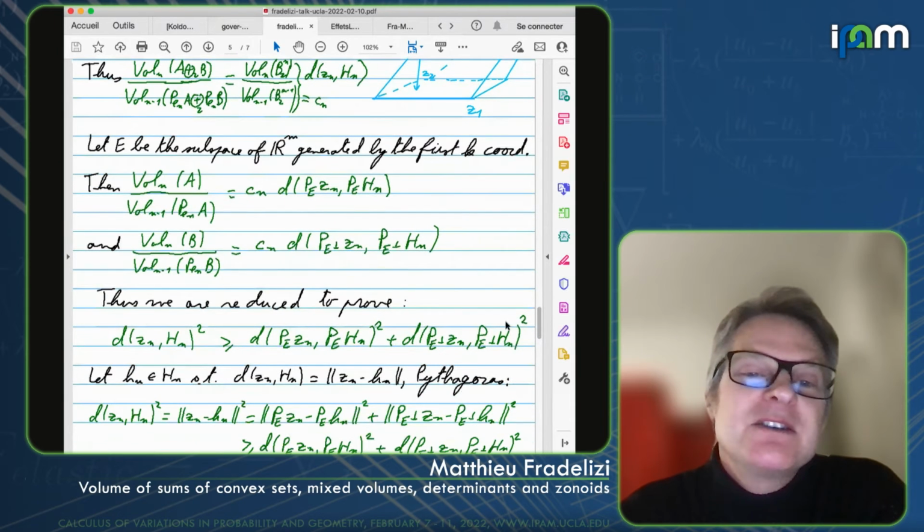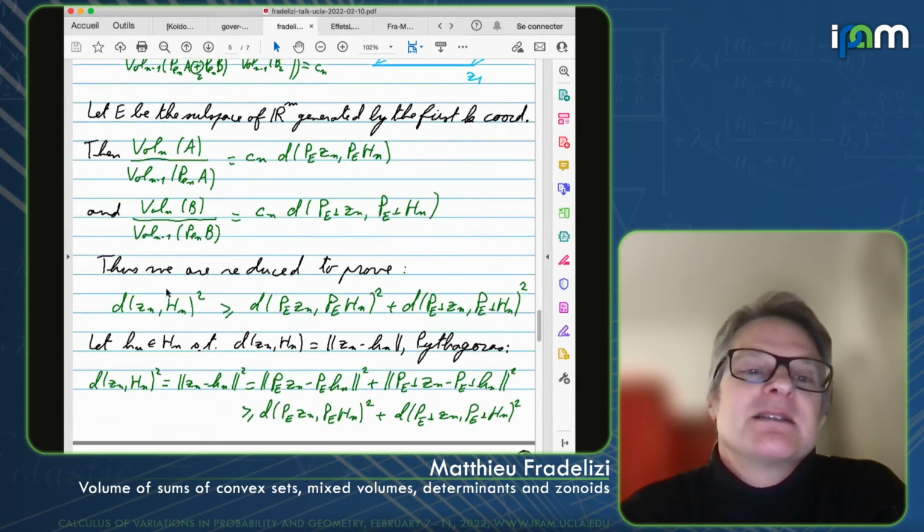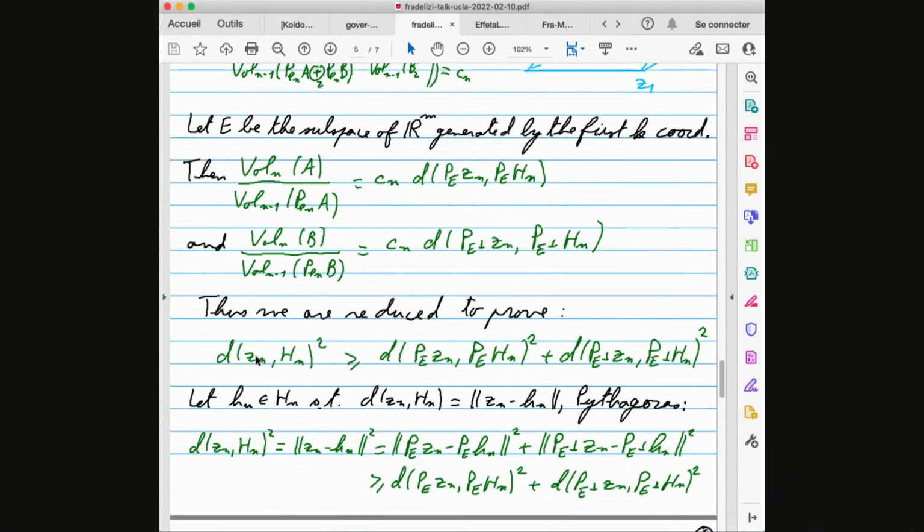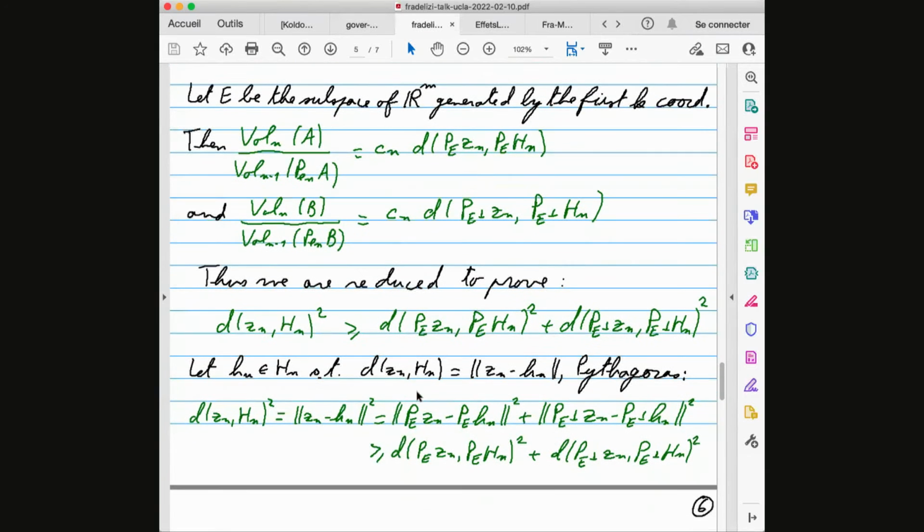And so we just need to prove that the distance from zn to Hn, squared, is larger than the distance from its projection to the projection of the space, squared, plus the same distance for the orthogonal. And this is very easy because you just introduce the point in Hn reaching this distance.